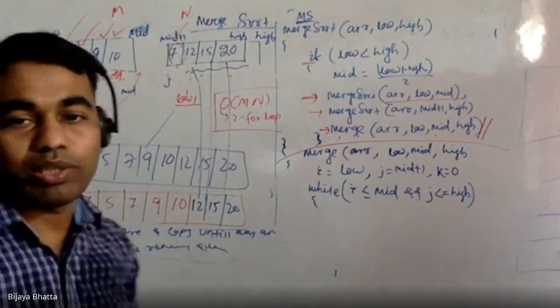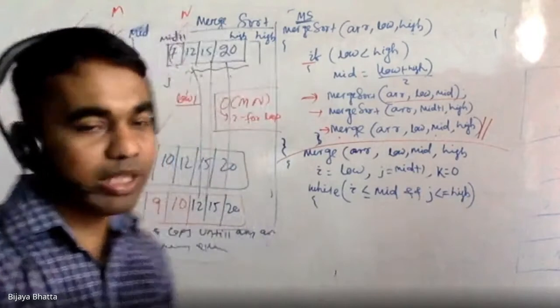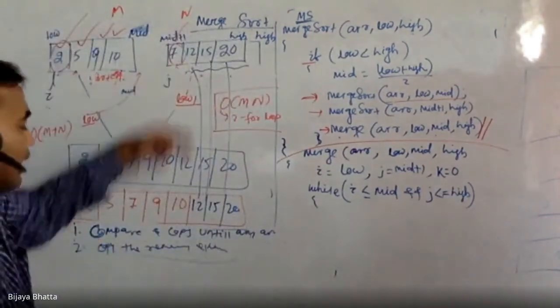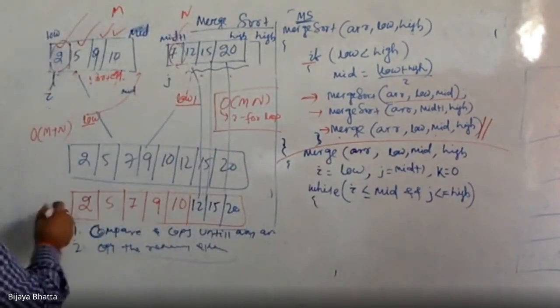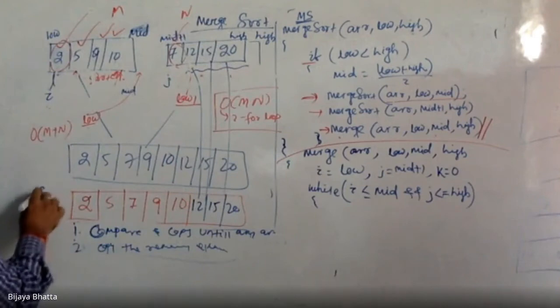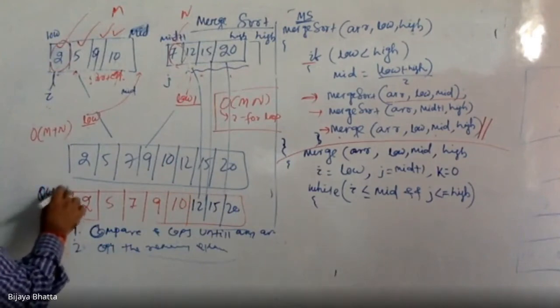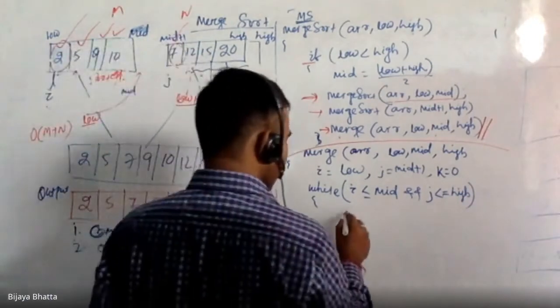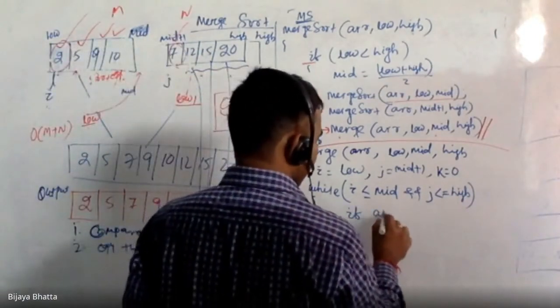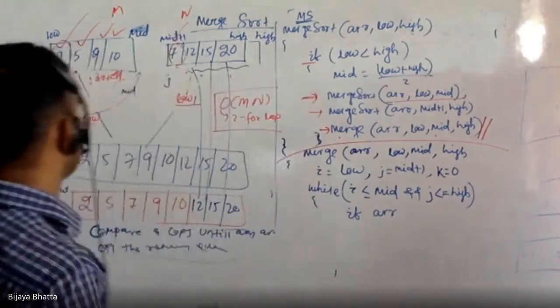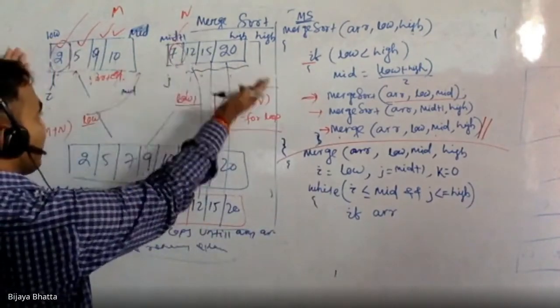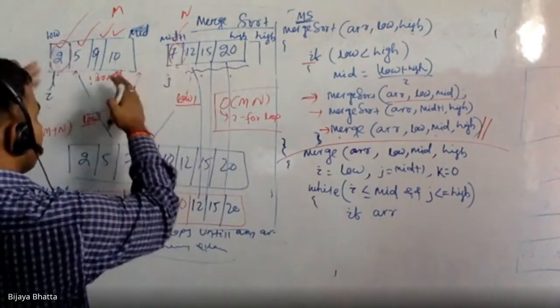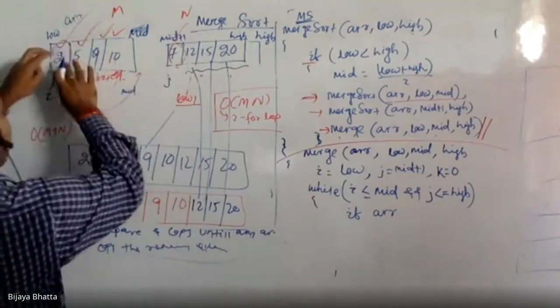What step will we do? We'll just compare and put the smaller element in the output array. What will you compare? These two elements, from the same array arr, only the indices are here and here.